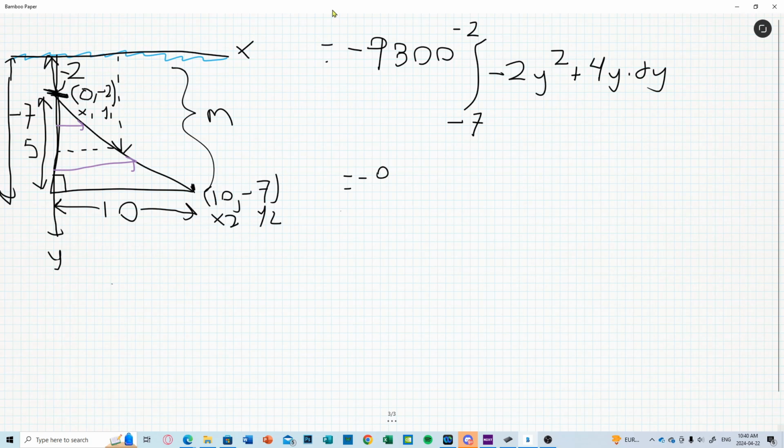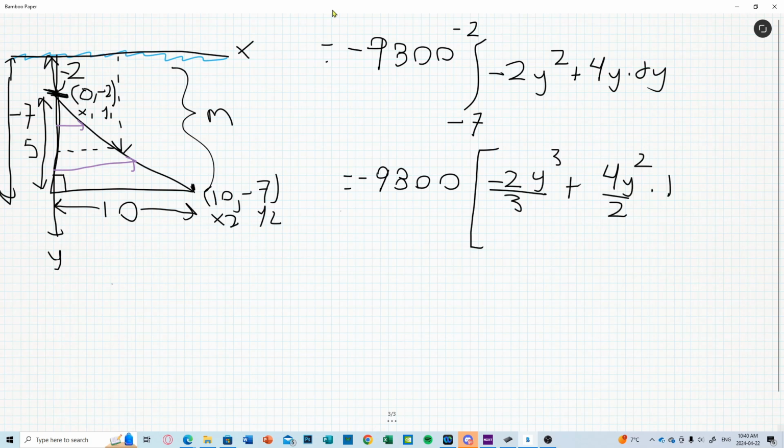So it's going to be negative 9800, and then we can skip ahead here because we already know what we're going to do. It is going to be negative 2y cubed over 3 plus 4y squared over 2. And then we're going to have our bounds. Erase that. And we're going to have our top and bottom of negative 7, negative 2.